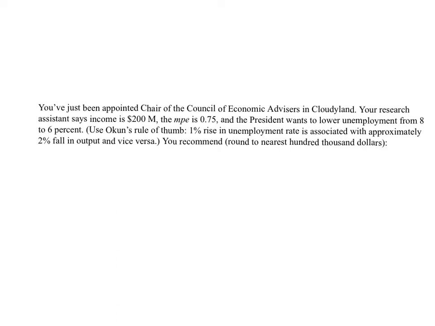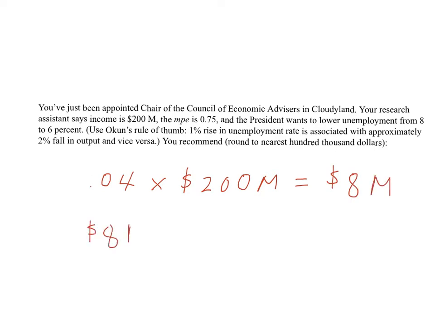So we will take our 4% times our current level of national income, output, GDP, which is $200 million, and we will find that 4% of that is 8 million, okay? So 8 million is our target change in GDP, or output. In this case, it's a plus, right? We want to increase income by $8 million in order to lower that unemployment rate by 2%.